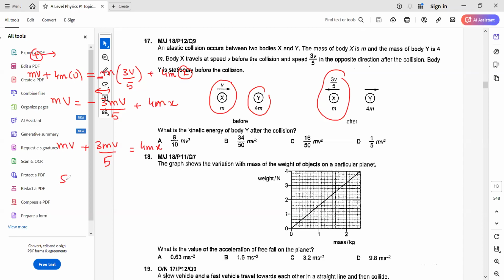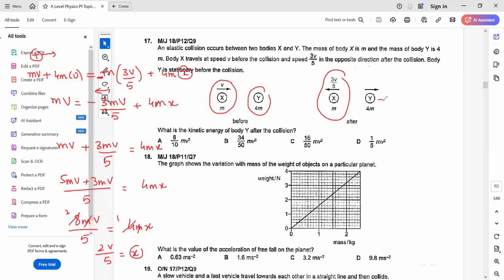So this would be 5mv plus 3mv over 5 is equal to 4mx. So this is 8mv over 5 is equal to 4mx. So m gets cancelled. This 4 makes this 2. So this would be 2v over 5 is equal to x. So that's the x value here.